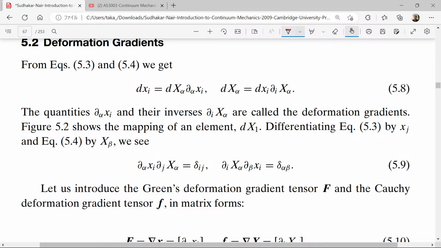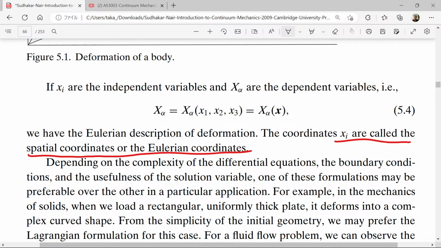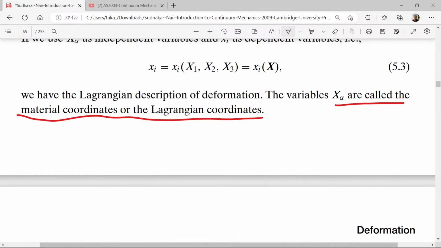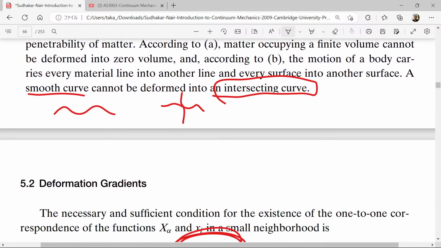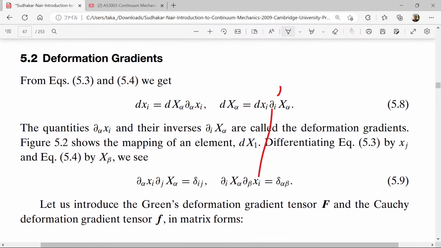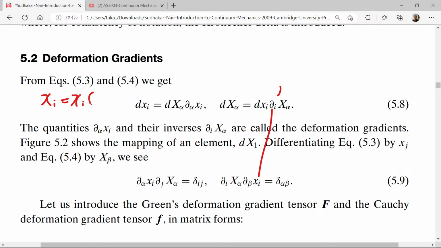Differentiating equation 5.3 by xj and equation 5.4 by x beta, we see: large X, small x, large X, small x, large X. Right? So this is small x. This is large X.